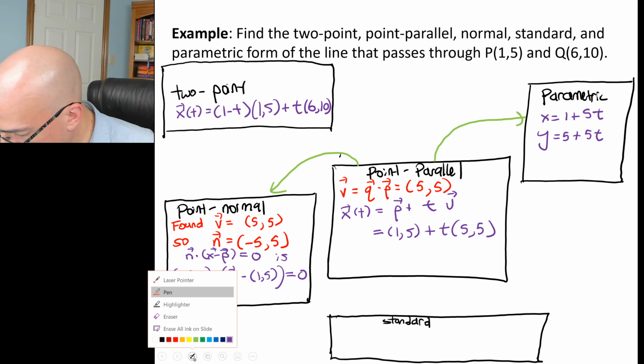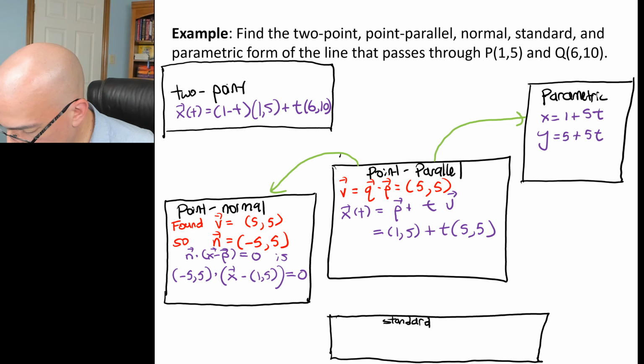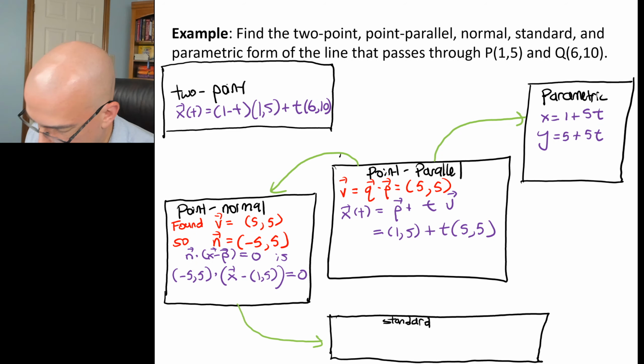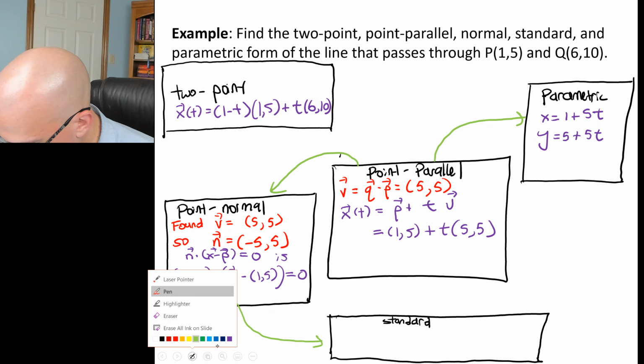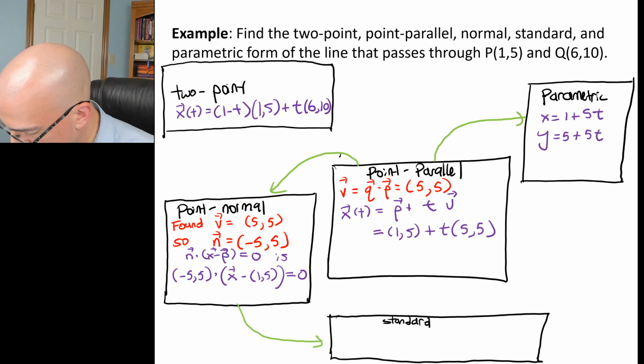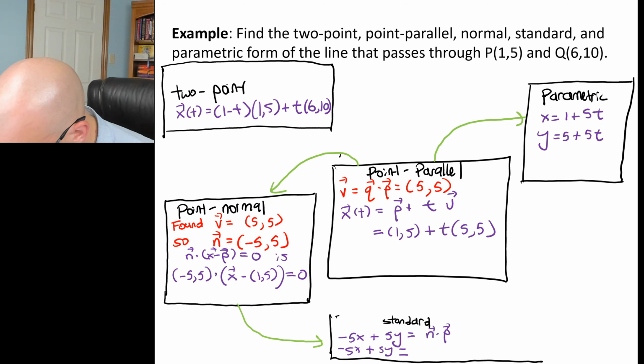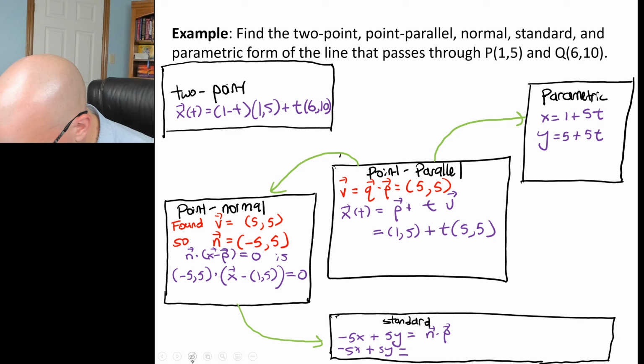And then it's straightforward to go from the point normal to the standard. So negative 5x plus 5y equals n dot p. Negative 5x plus 5y is equal to, put in the vectors.